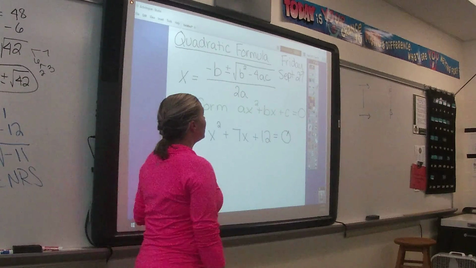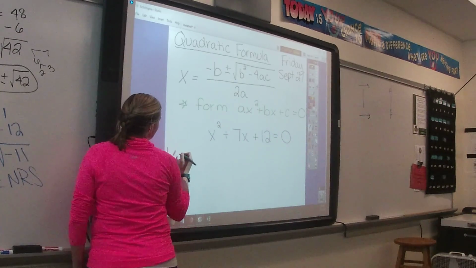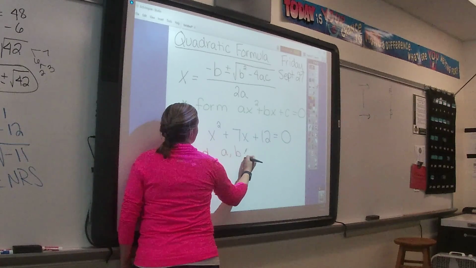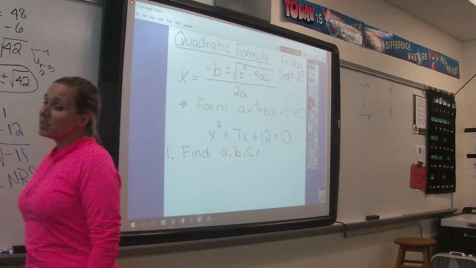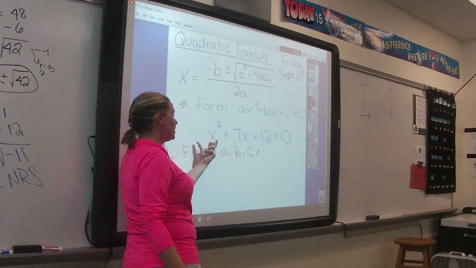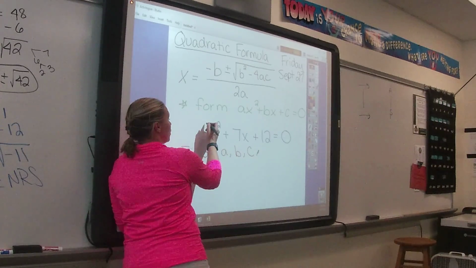So the first thing that we are going to do to use the quadratic formula is find a, b, and c. At this point, we've been talking about trinomials, we've been factoring, we've been using those values of a, b, and c. So this should be a pretty straightforward step. What does a equal in this situation? 1, right? Because there's a 1 in front of it.